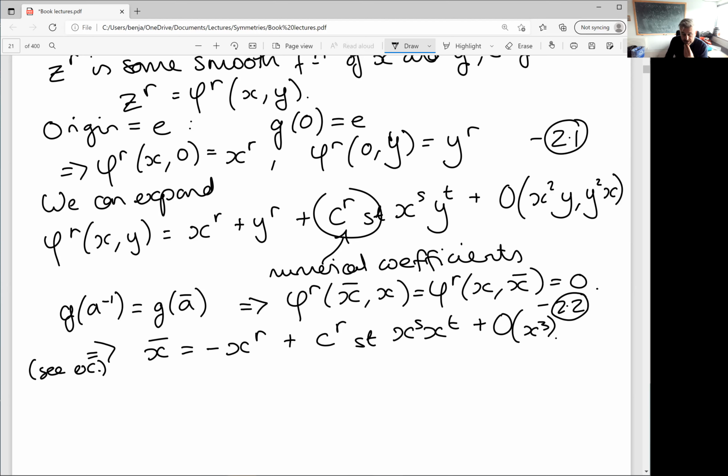Actually, these numerical coefficients that have appeared, these C^r_st, are important. In fact, it's really them that determine the possible Lie groups, and we'll see this next lecture.